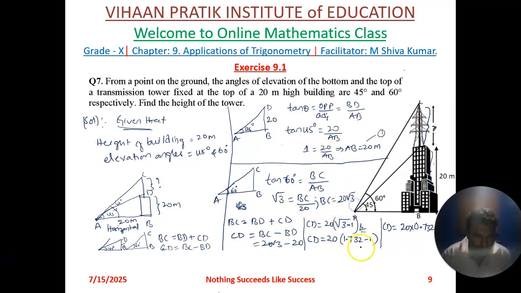That equals 14.62 meters. So the height of the tower CD is 14.62 meters. That is the answer.